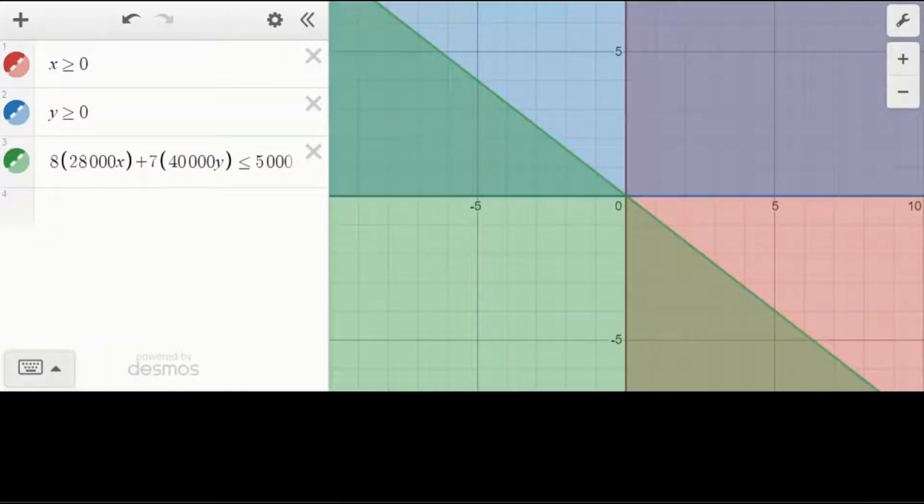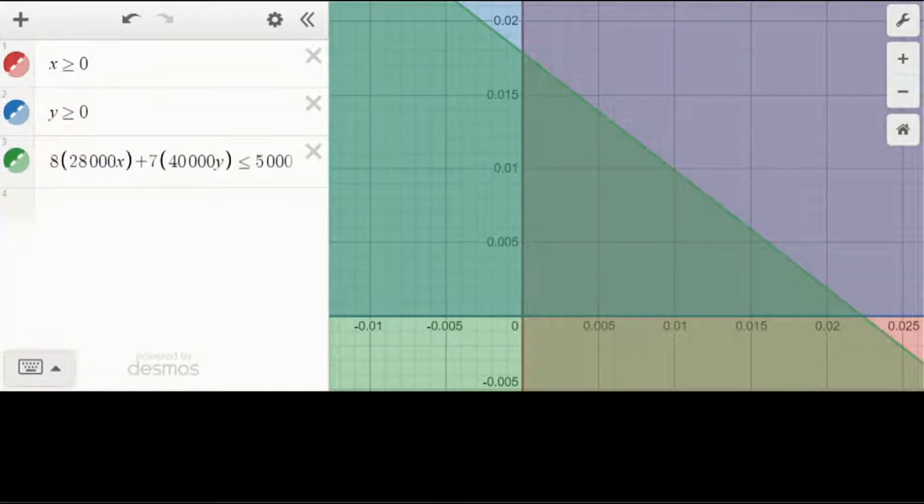And here is what you see when you first graph those inequalities. I'm using the Desmos calculator here. And it appears as if the inequalities all intersect here at 0, 0. However, if we zoom in, we see that that is not the case.